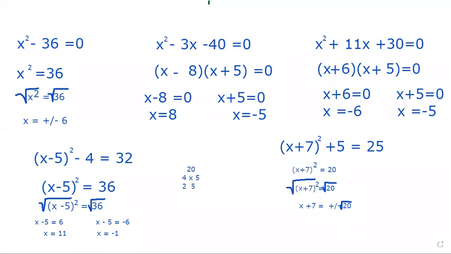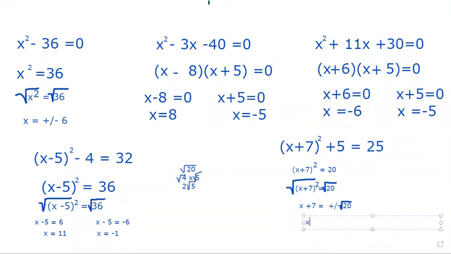Let me say this again. We break down the square root of 20. It's going to be the square root of 4 times the square root of 5. The square root of 4 breaks down to 2. And the square root of 5 stays the same.